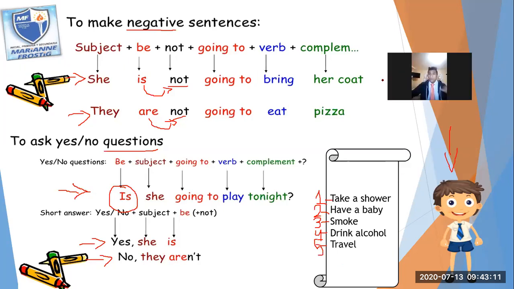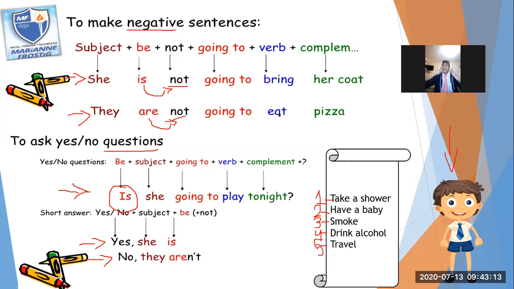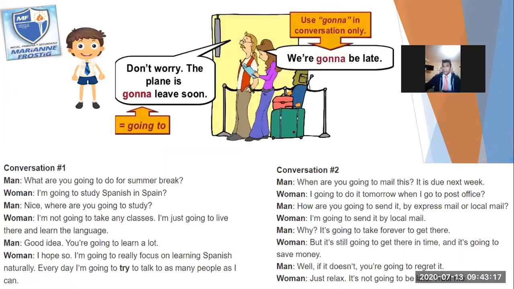Perfect. Very, very good. Now, boys and girls, let's go to the next PPT. Okay? Listen. In writing, you always need to write going to. But in speaking, you have two options: option number 1, going to, or option number 2, gonna.